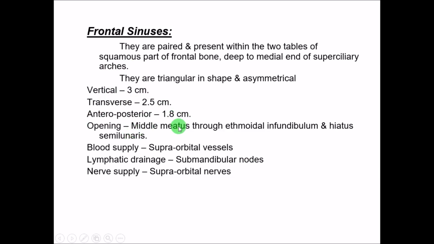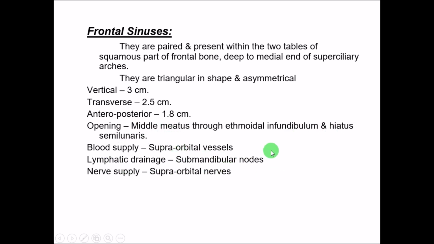This will be opening into the middle meatus through the ethmoidal infundibulum and hiatus semilunaris. So along with the maxillary sinus, this frontal air sinus also opens through the middle meatus. Blood supply is by the supraorbital vessels, the artery as well as the vein.